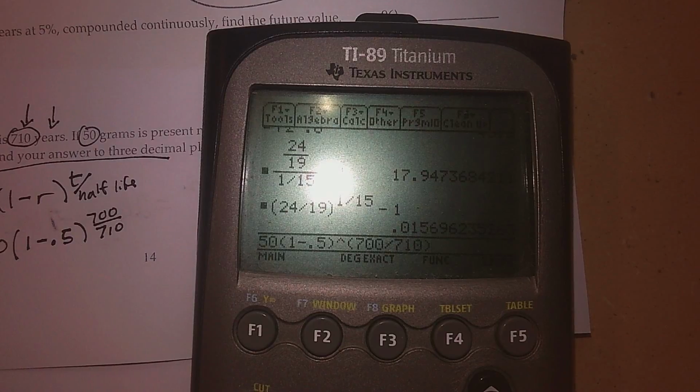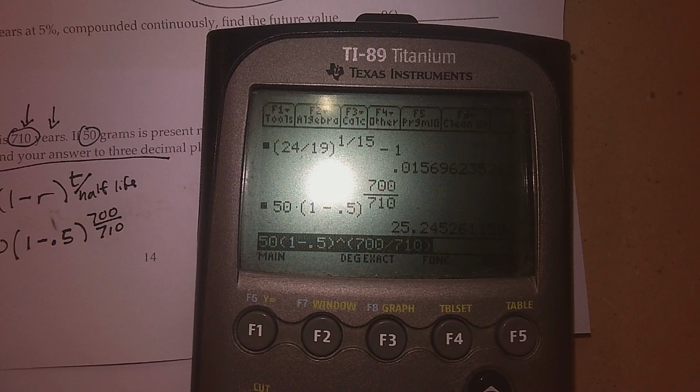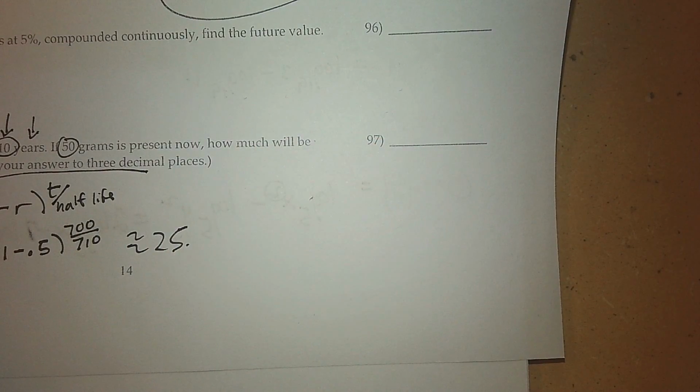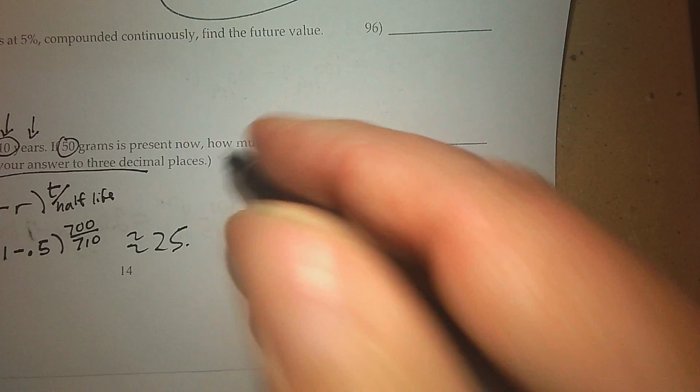If you don't put parentheses around that, it's not going to come out. It won't do the order of operations correctly if you don't do that. Do you notice it's really close to half the size, right? 25.245.